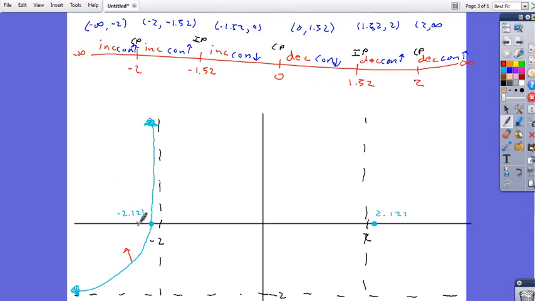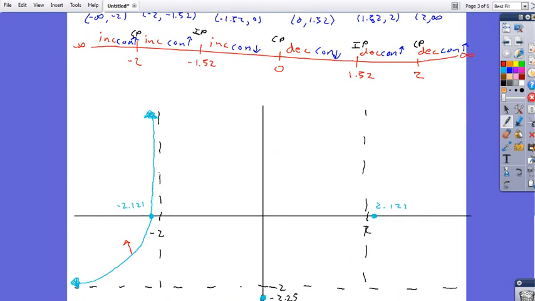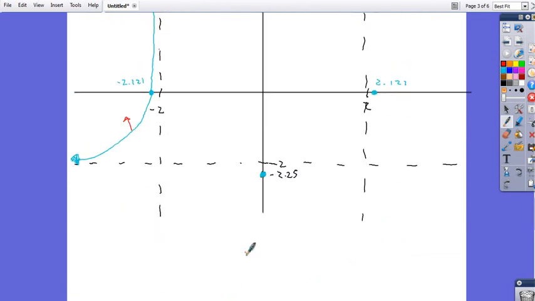Now, this next one, let's see. This next one's very interesting because I don't know why it says that it's concave up on this interval.